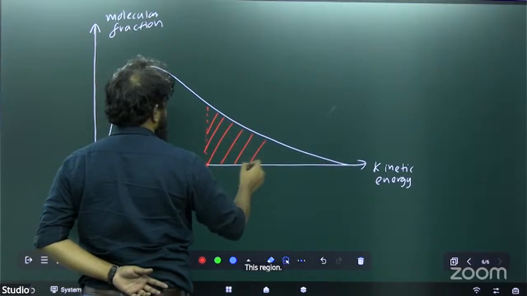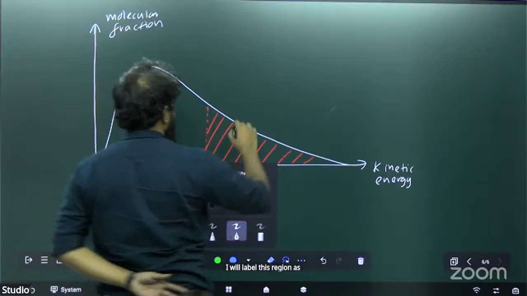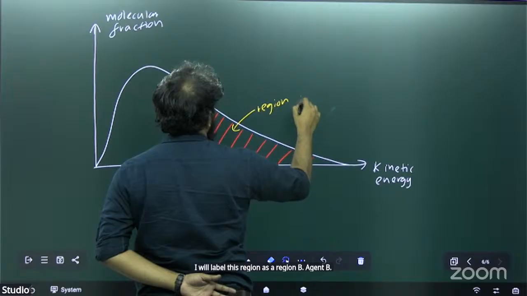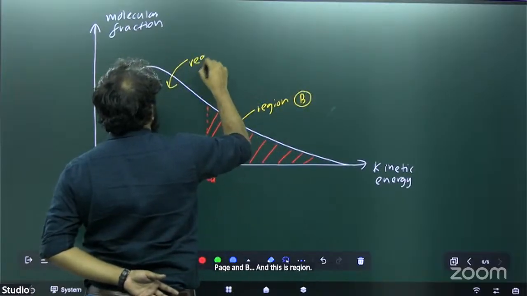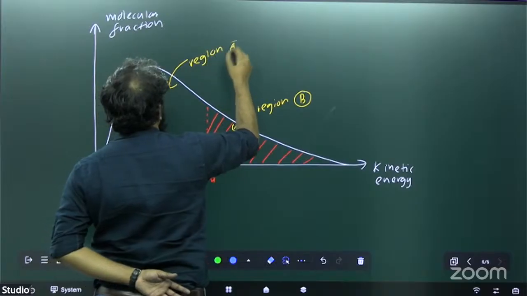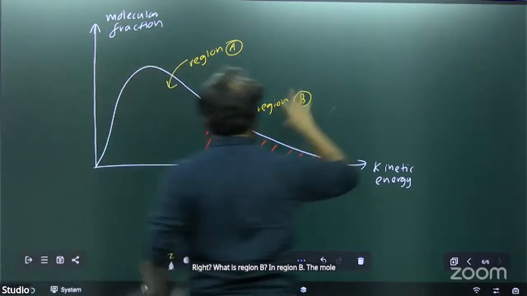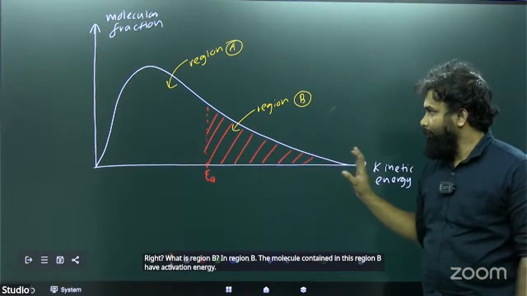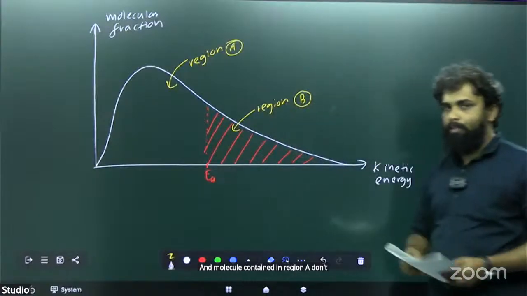I will label this region as region B, and this is region A. What is region B? The molecules contained in region B have activation energy, and molecules contained in region A don't have activation energy.